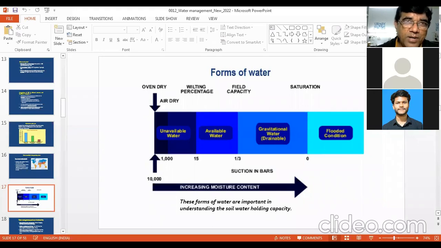Then the quantity of water, it is the maximum limit of water that can be held by a soil. That is your field capacity. Yes, sir. That is the moisture percentage, the maximum quantity of water that can be held by a soil without any standing water. That is your field capacity.